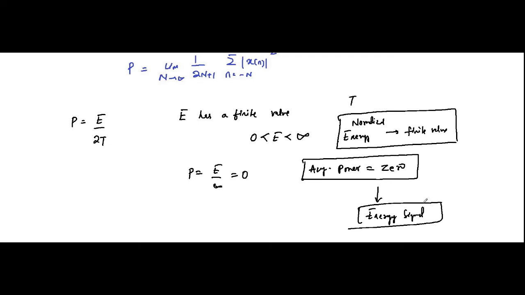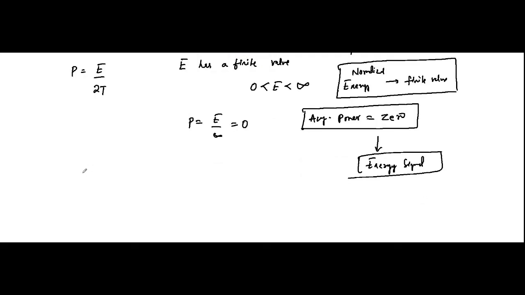Now suppose we have a signal where energy is infinite. So here power is energy over 2T. This is infinite, this is also infinite. You're aware we use various mathematical techniques when there is infinity in both numerator and denominator. We continuously differentiate it using L'Hospital rule, and there are other techniques as well.